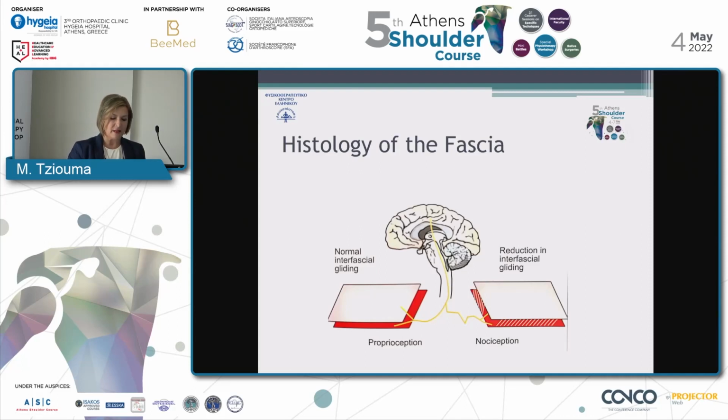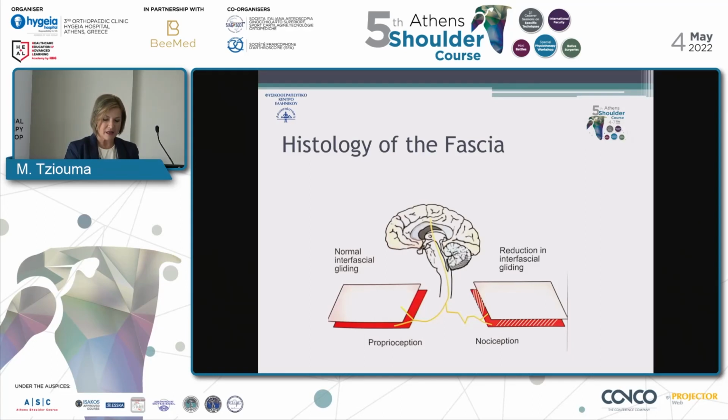The capacity of various collagen layers to slide over each other can be altered in cases of overuse syndromes, trauma, or surgery.